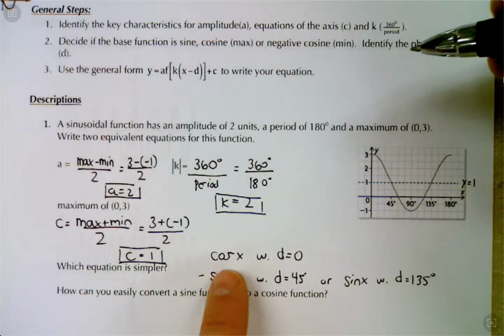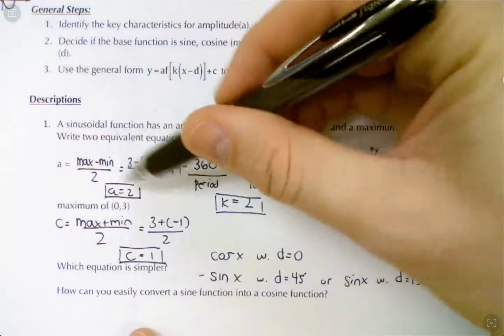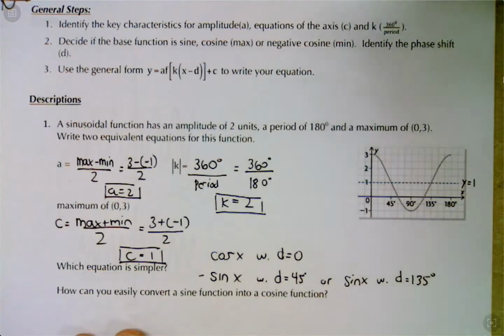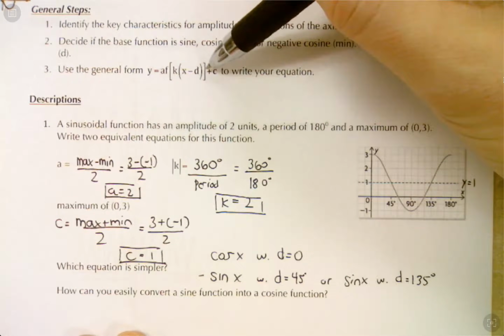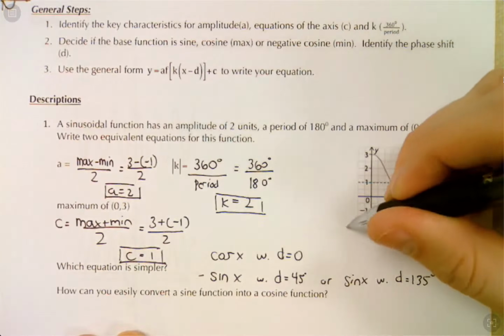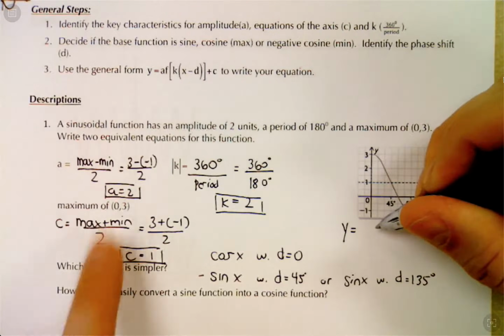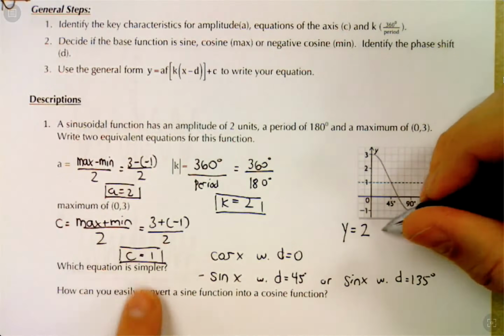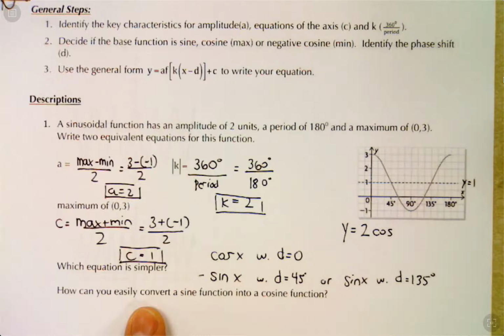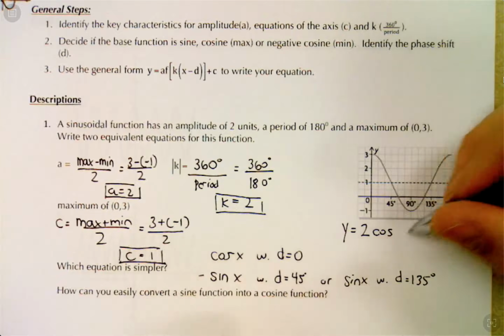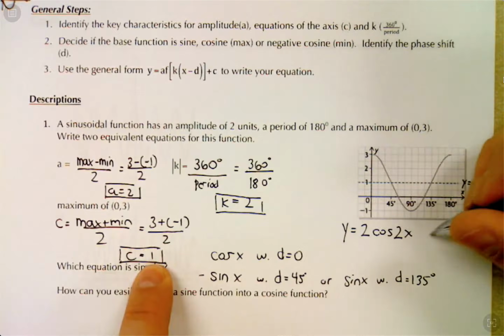The first one's going to use cos with no shift, and then a, k, and c. So following the format of a transform function, we get y equals 2 for a. The function we're using first is cos. K is 2 and there's no d, so we can just say 2x plus 1.